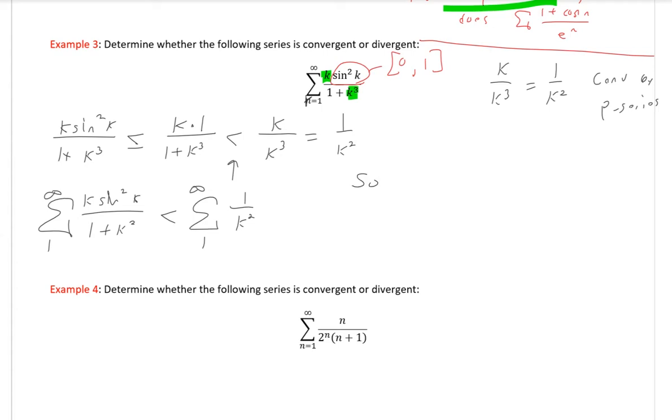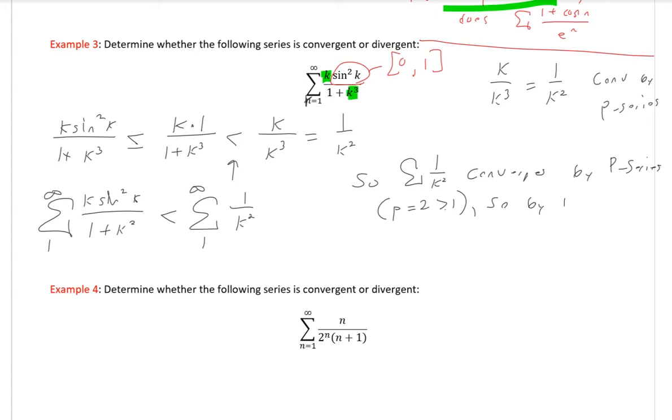So again, we make our statement. So the sum of 1 over k squared converges by P series. And we can say specifically that P, the exponent, which is 2 in this case, is greater than 1.